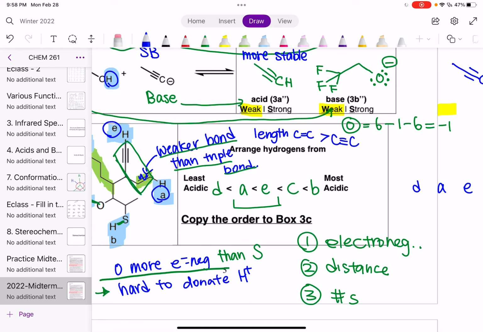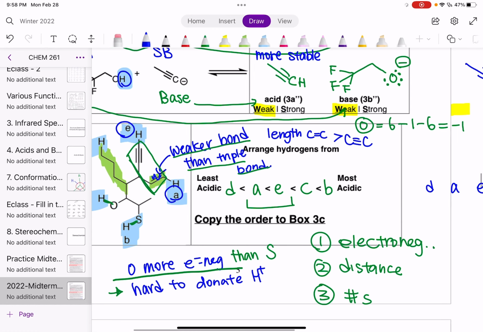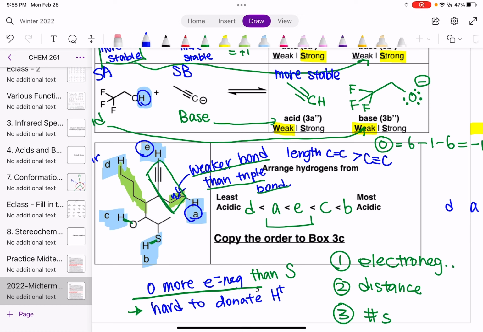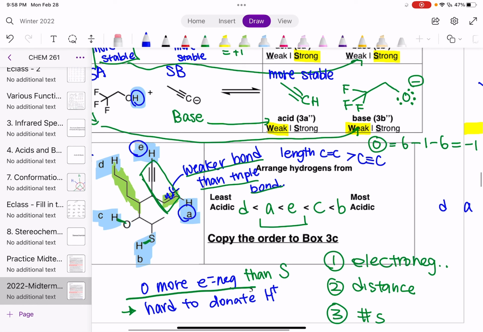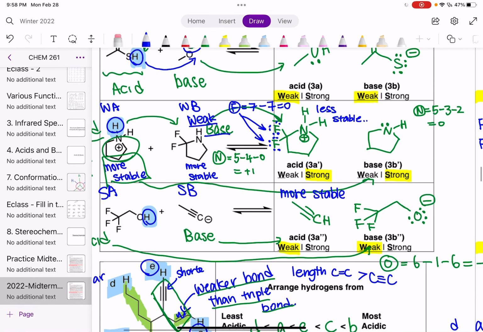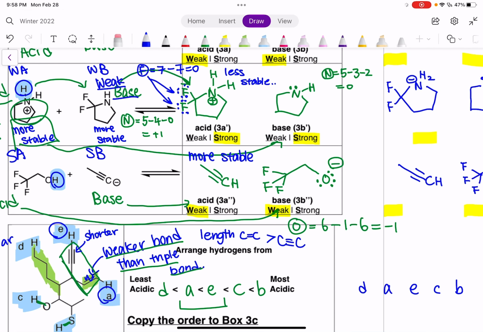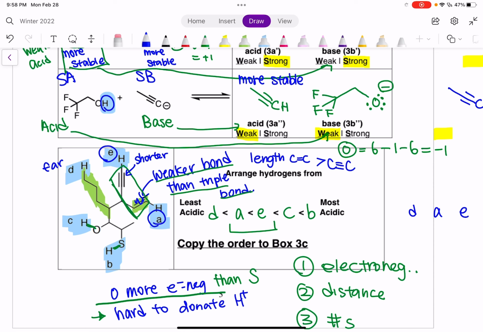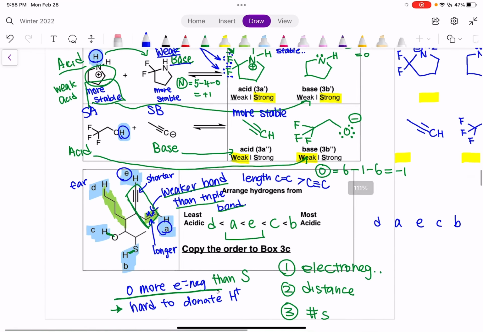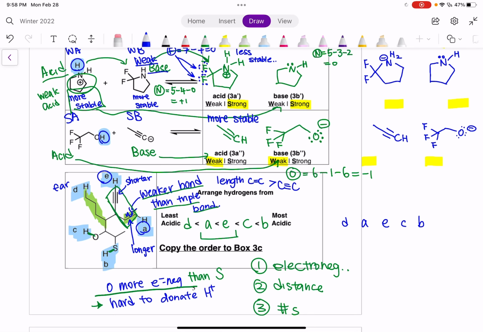So in terms of length, hydrogen A will be less acidic than hydrogen E. Yeah, because this is shorter, whoops, shorter, and this is longer. Okay? And I just saw here it's A and E.